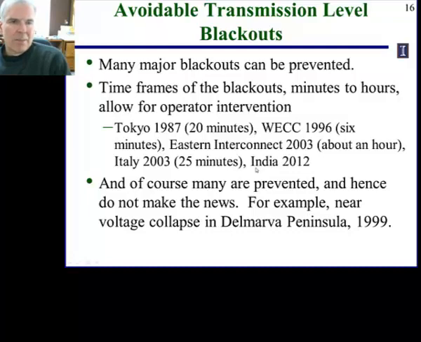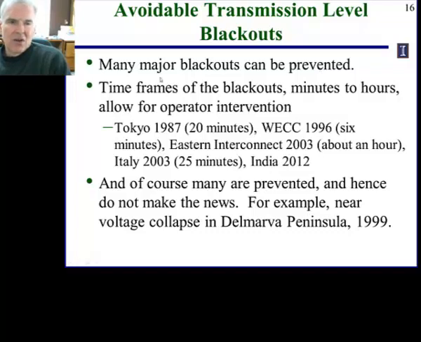Okay, the type of blackouts that most power engineers, at least those of us who work at the transmission level, deal with are what we call avoidable transmission level blackouts. Now many major blackouts cannot be prevented, such as one due to a hurricane or an ice storm.